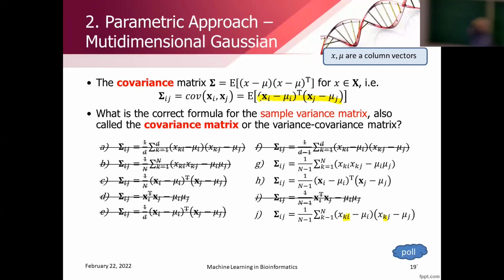We subtract the mean and we transpose it into a row, and this will be row times column. So this will be the dot product of two vectors. And this is just the rewritten dot product. So it's easy to find that this is correct, and divided by n-1 because we compute the unbiased estimate.